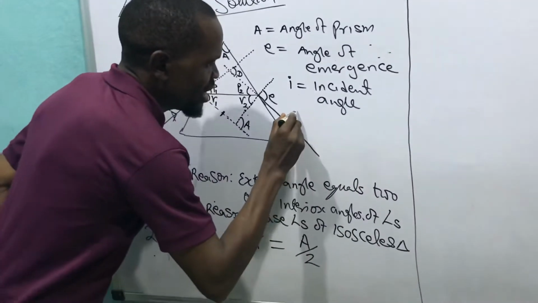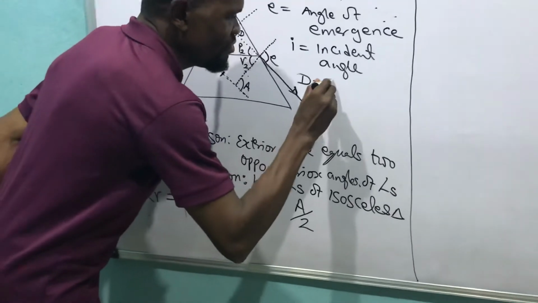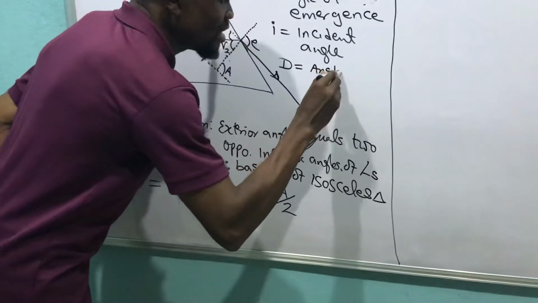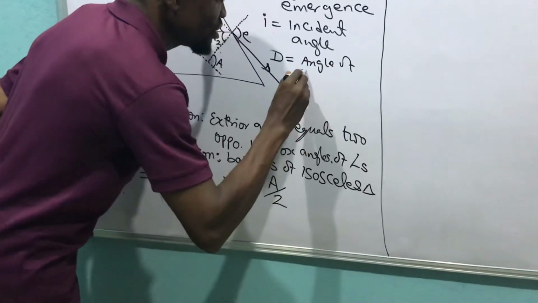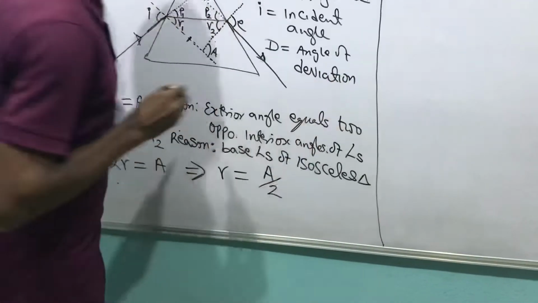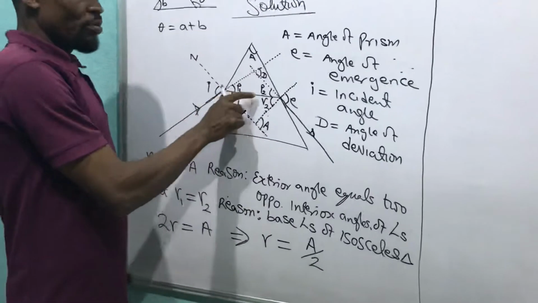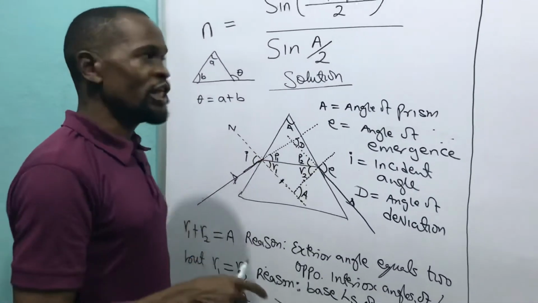Let me put D here. Watch here. D is equal to the angle of deviation. I mentioned it earlier. Angle of deviation. And I say that P1 plus P2 is equal to D.